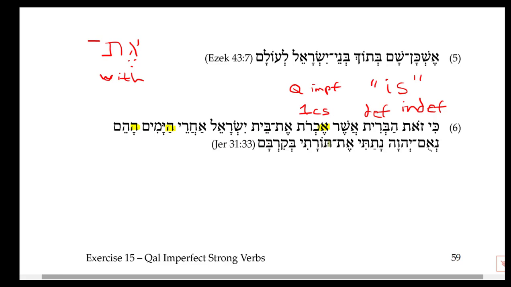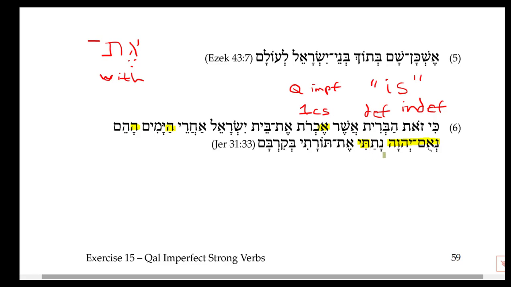And then we come down here. This is a standard formula, ne'um Adonai, declaration of the Lord, or normally we would translate that, declares the Lord. And then he comes back to what he's saying, and now look, we have natati. Here's our T ending. This is a weak verb in that the final nun gets absorbed, but it's natan, to give.